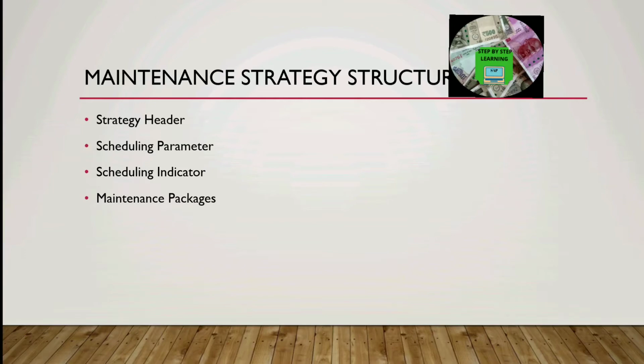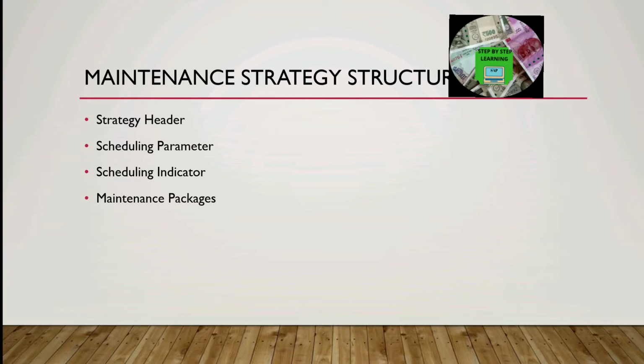You can indicate that through the scheduling indicator. And maintenance packages, as we discussed earlier, we will define with all the cycle durations to accommodate all your maintenance requirements for that equipment. So you need to define that cycle duration and units.